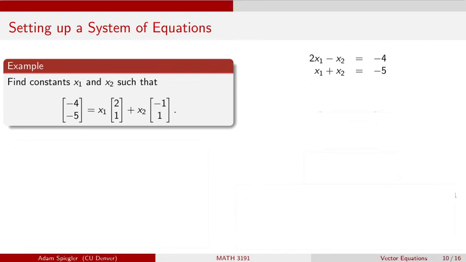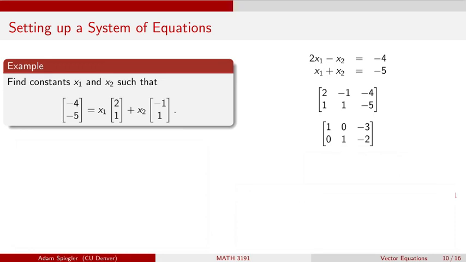And so how have we been working on solving these systems? Well, we would set up an augmented matrix. So we have our coefficients here, and we have our constants over here. And then we apply Gaussian elimination, row reduction, to express this matrix in its reduced row echelon form.